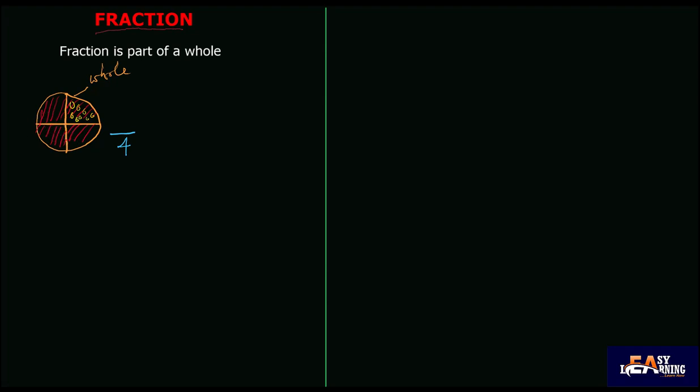You need to look at the part that is made of only cheese. So you have only cheese here, one part, two parts, three parts. So we have three parts over the four equal parts that we have. So we have three over four parts made of cheese.